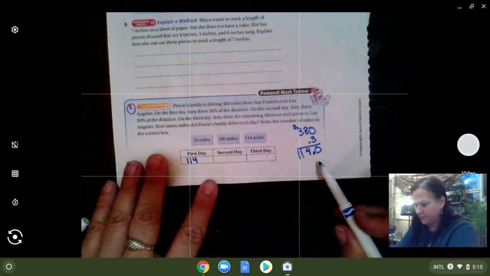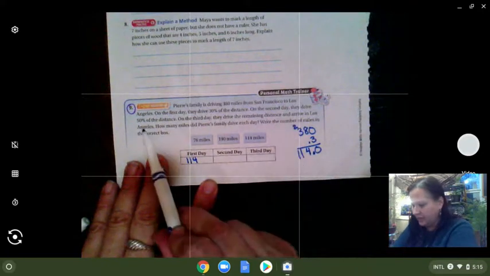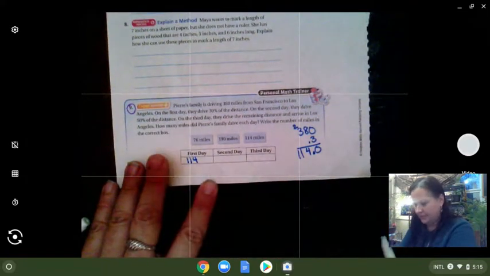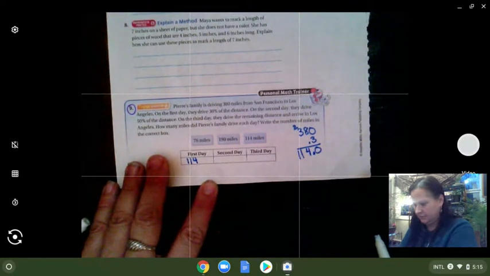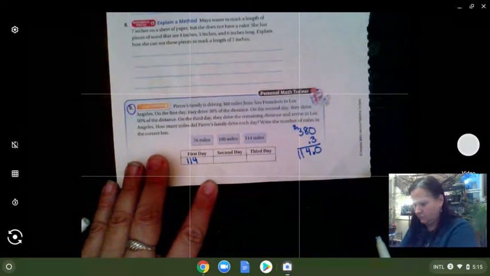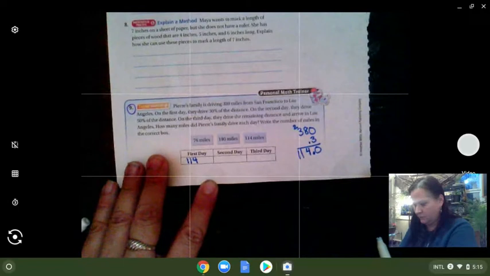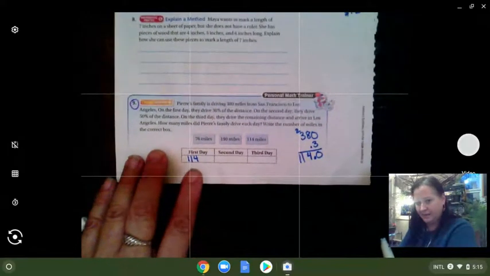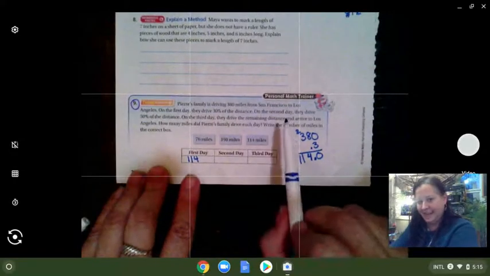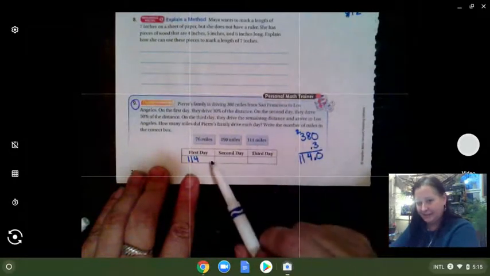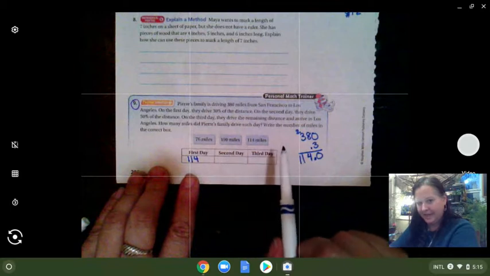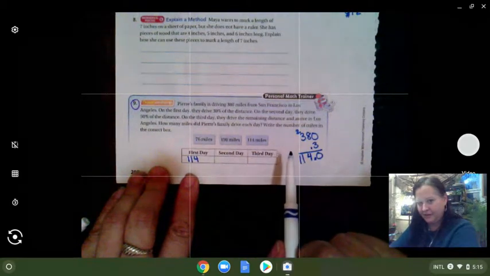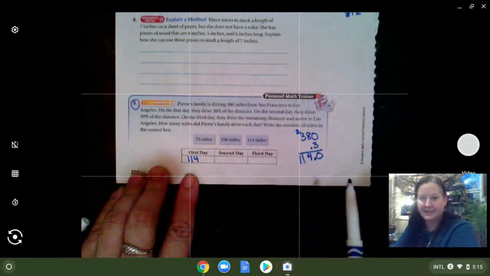Okay, so then on the second day they drive 50% of the distance. In my mind, I'm asking myself right now, is that of the beginning distance or is that of the distance that they still have to drive?